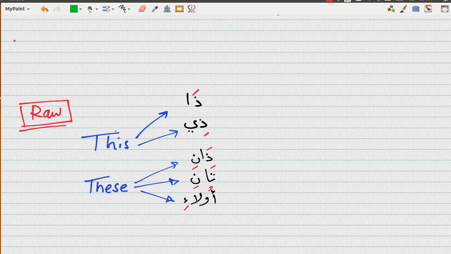Now, in classical Arabic, these are the basic demonstrative pronouns. In English, there are 2 to say this or these. But in Arabic, since it's gender specific, we have more.